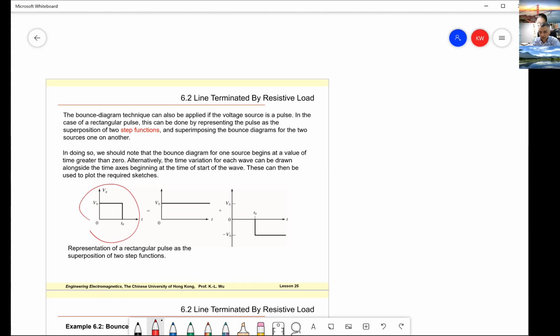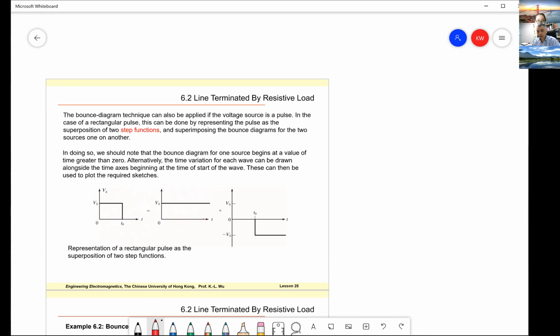At time equal to 0, it turns on, continues for a short period, and switches off. Then maybe after that bit period, we turn on again, and then turn off. So this becomes a sequence of binary code. For such signals applied to the transmission line, how do we deal with this?